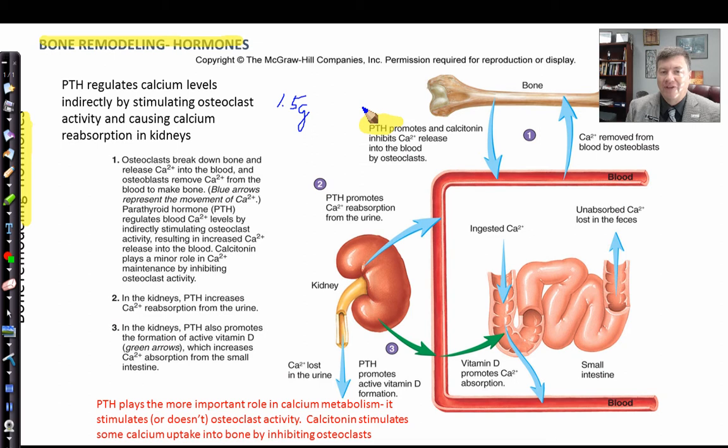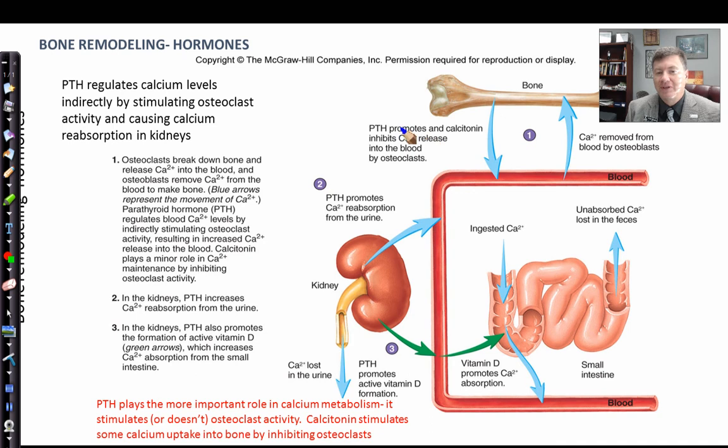Calcium is involved in everything from clotting your blood to muscle contractions to nervous system signaling to your heart functioning. So you have to have, not optional, you have to have a sufficient amount of calcium in your bloodstream to stay alive. So this mechanism of hormones regulating calcium and remodeling is critical.